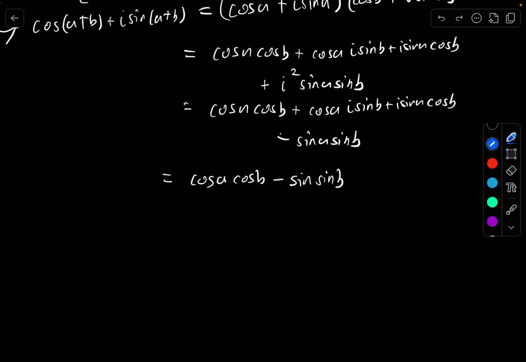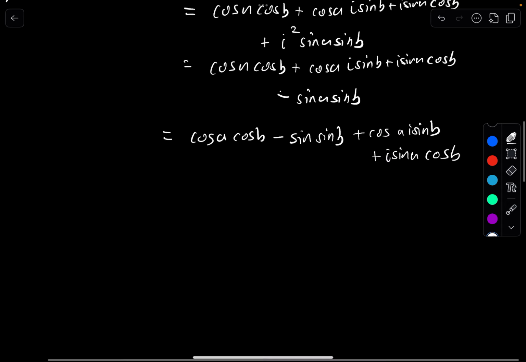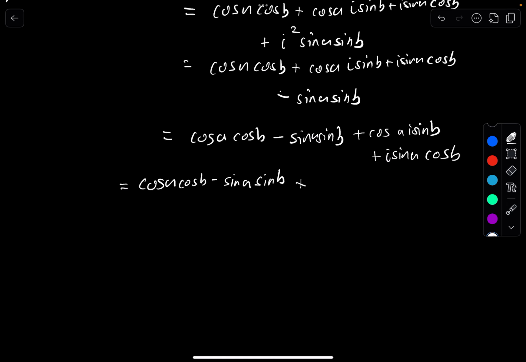Hopefully you guys saw that. And then from there, we're going to simply tag on the imaginary parts: cosine A i sine B, plus i sine A cosine B. And we're going to take this even further. So all the same stuff, I'm just rewriting everything in the same way and simply making tweaks.